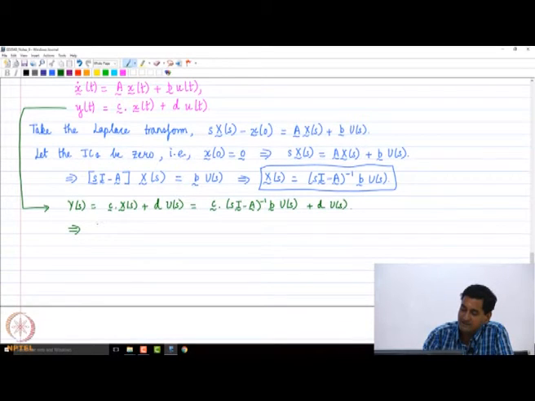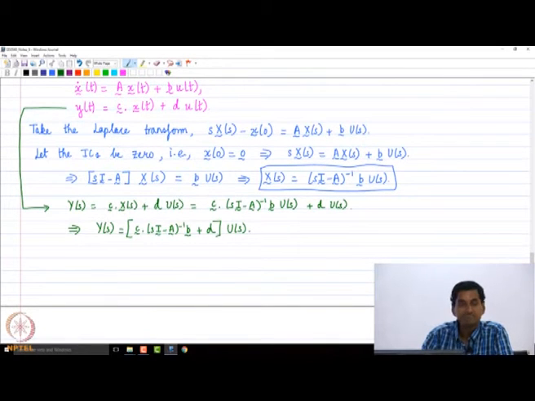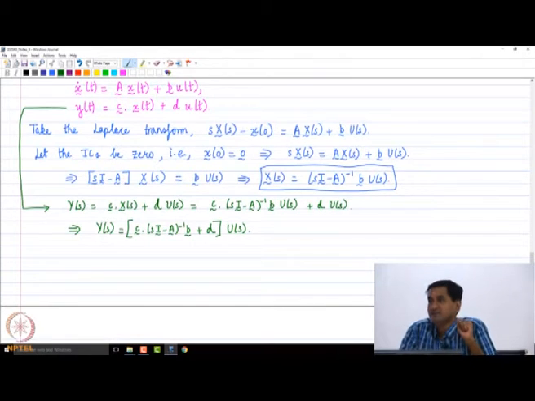This would imply Y of s is equal to C dot sI minus A inverse B plus D, times U of s. Correct? I am just doing simple algebra, that is it. Now what is the term within the square bracket?